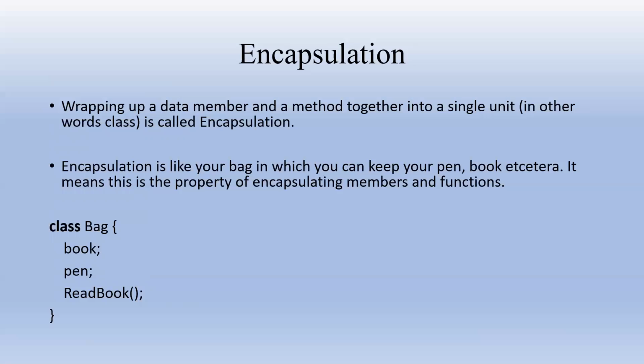Here you can see an example. We have a class named bag. It has some properties like book, pen, and it has a function, read book. This encapsulation of properties and functions inside a single unit is known as encapsulation.